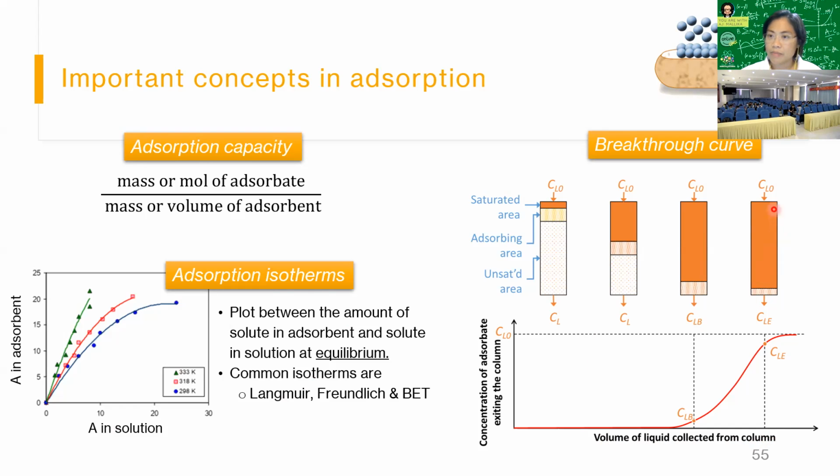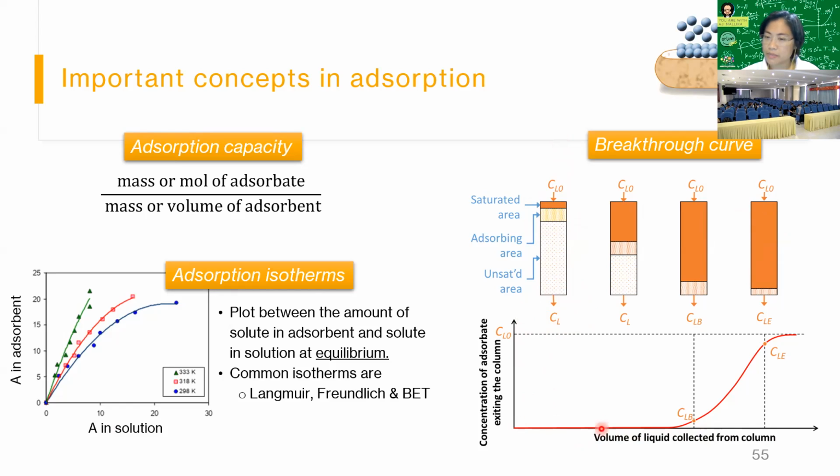The column means that the adsorption happens in a column. The column contains the adsorbent, and you put in the liquid that contains the product or impurities that you want to adsorb, and it comes out through the column. So you collect the volume of the liquid that exits the column, and then determine the concentration of the thing that you want in that liquid.